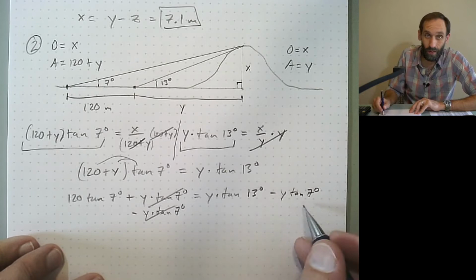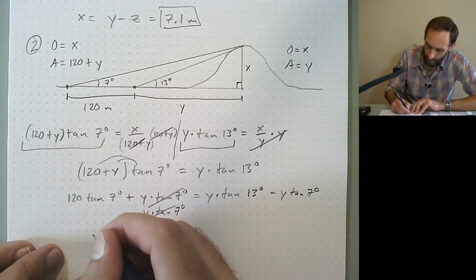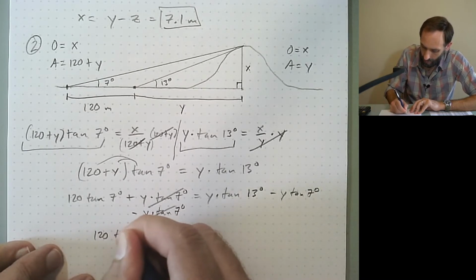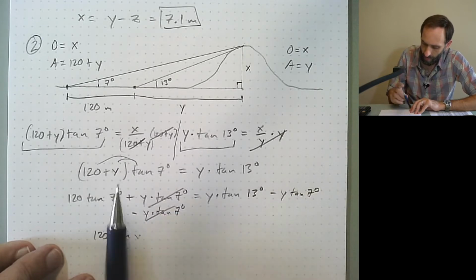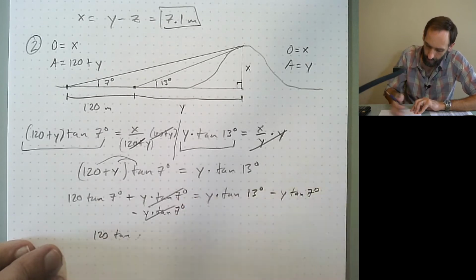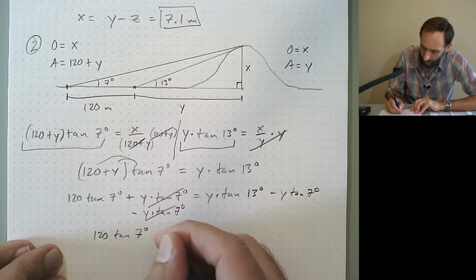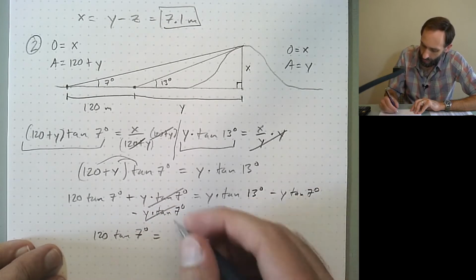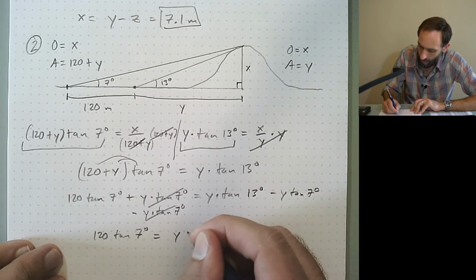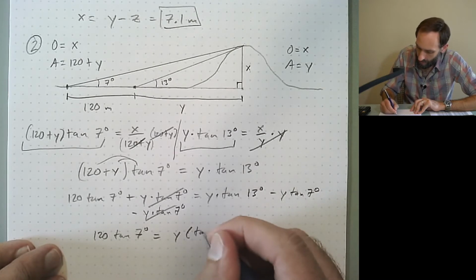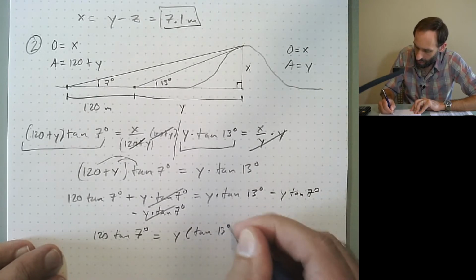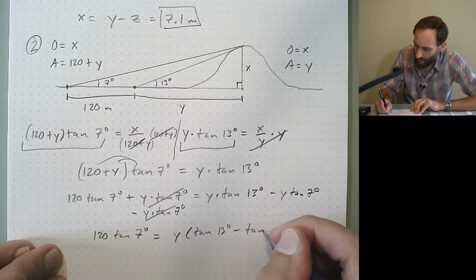Now I'll be able to factor the y's out on this side. And I'll have 120 tangent of 7 degrees is equal to, factor out the y's, and I have y times the tangent of 13 degrees minus the tangent of 7 degrees.